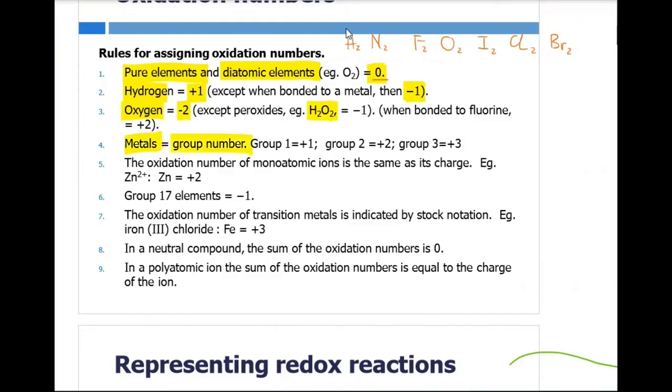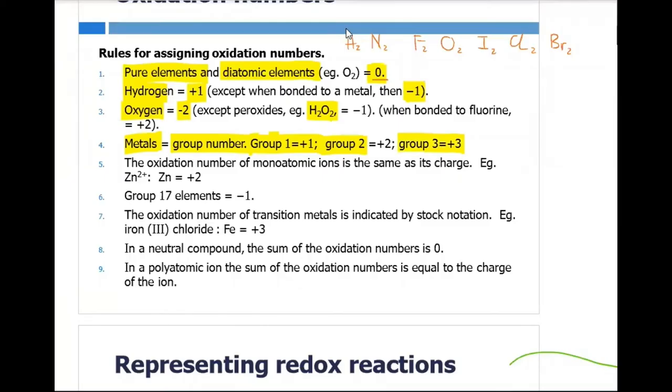Metals equal to the group number. Right, so if it's group 1, lithium, sodium, potassium, rubidium, cesium, francium, there you go, group 1. Group 2, your magnesium, calcium, there you go. I almost forgot. And then group 3, and please note that you also have transition metals, and therefore the Roman numeral is very important.